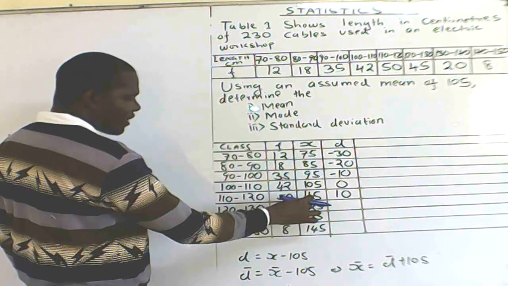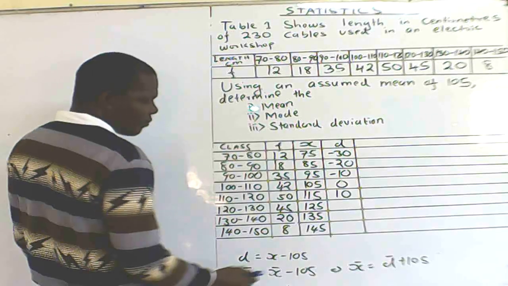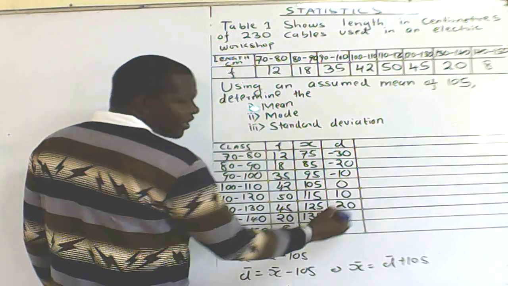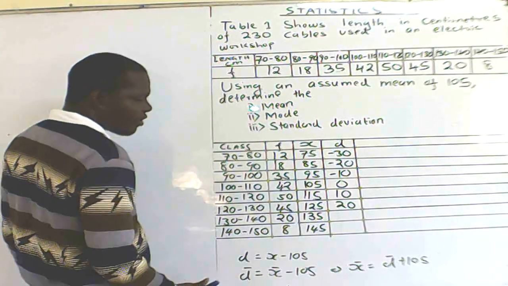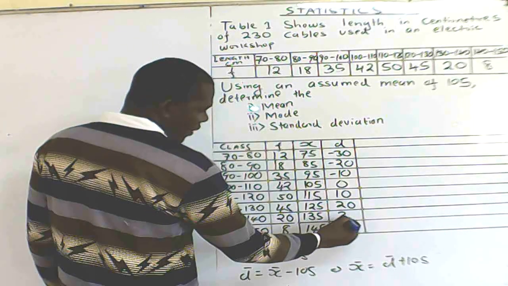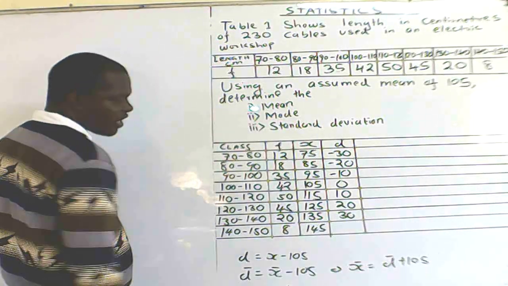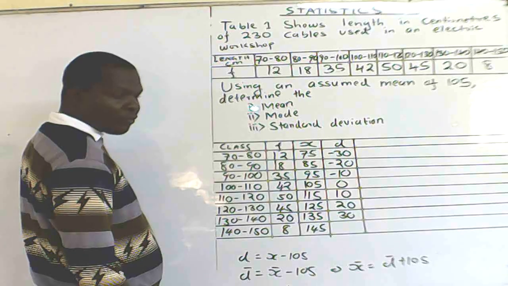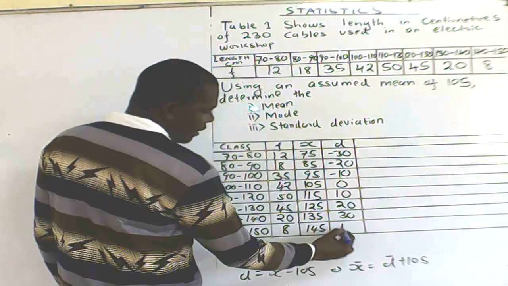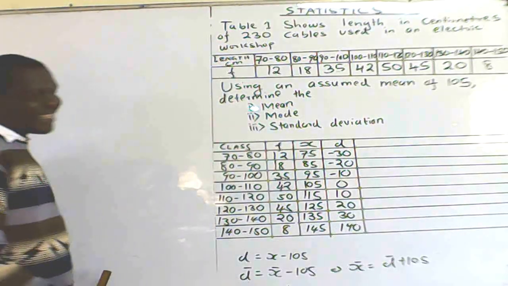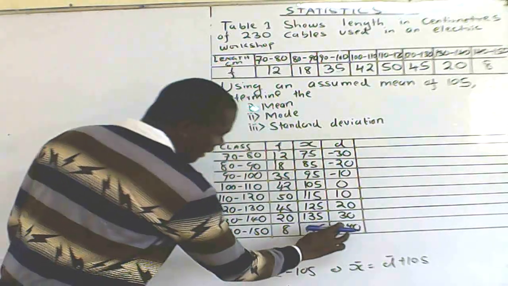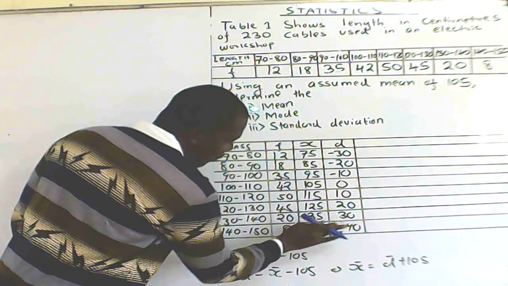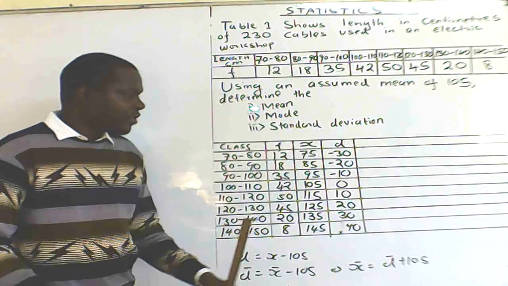Then 125 minus 105 is 20. Then 135 minus 105 is 30. Then 145 minus 105 is 40.